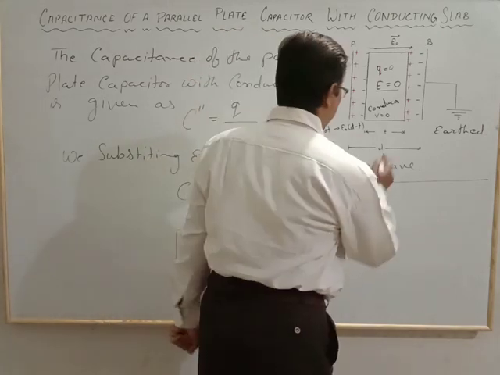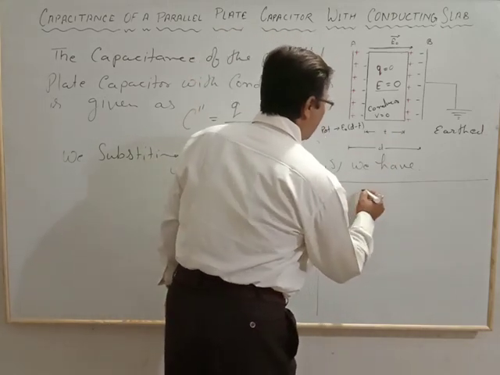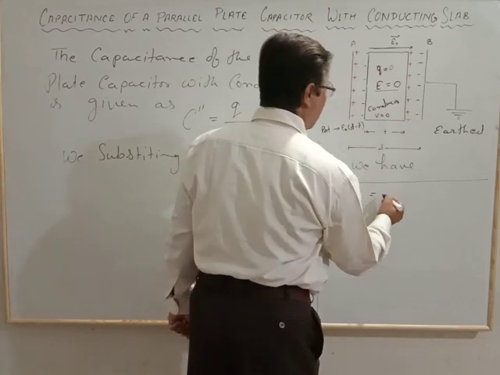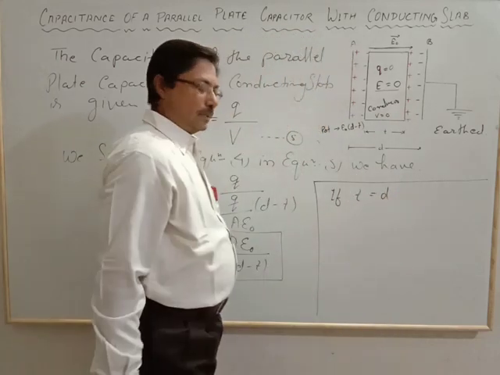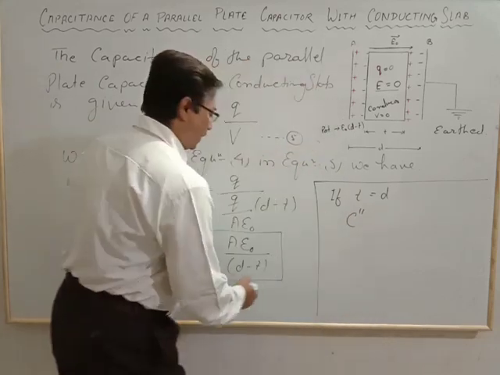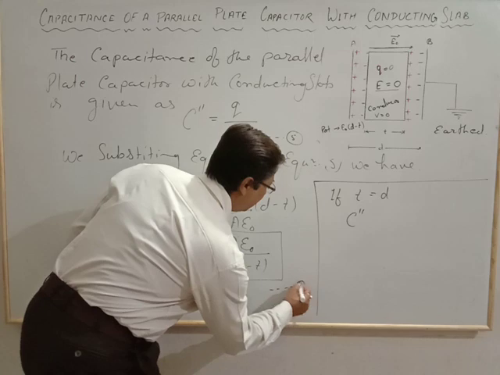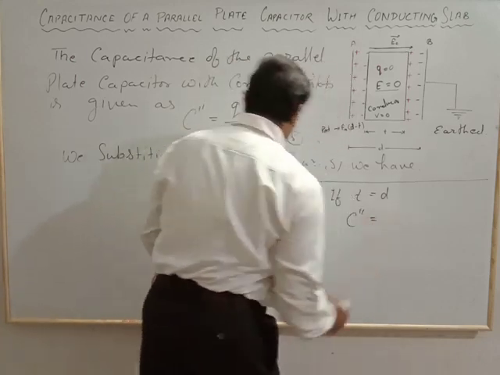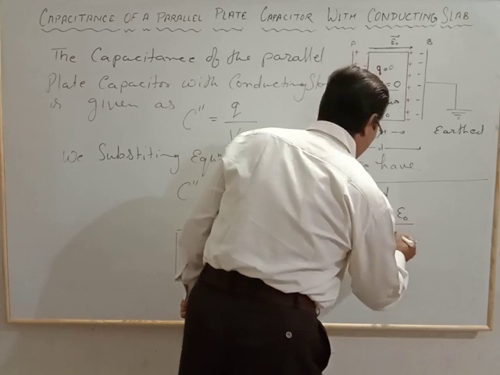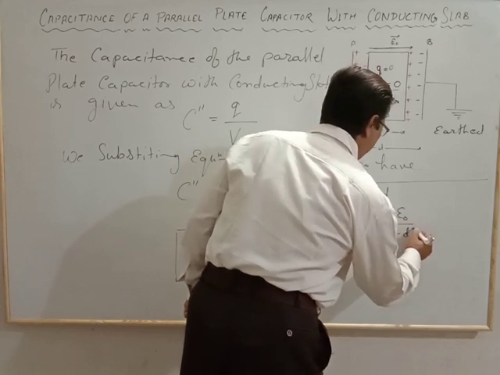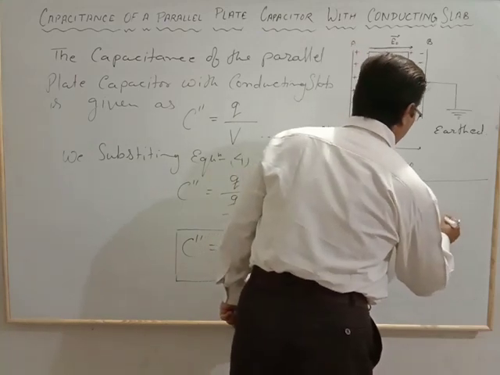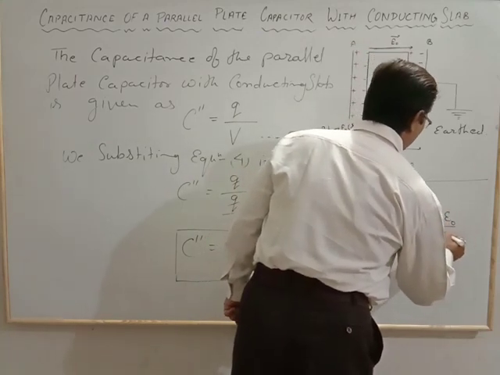In that case T, the thickness of the slab, is equal to D. And the capacitance becomes C double dash, that is relation number 6, A epsilon naught by D minus D, and D minus D is equal to 0, that means A epsilon naught by 0.